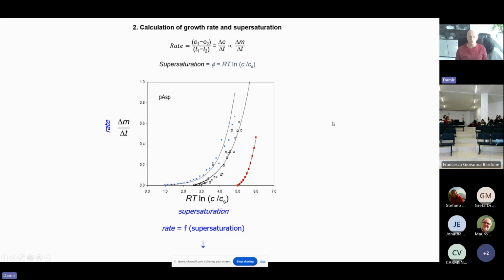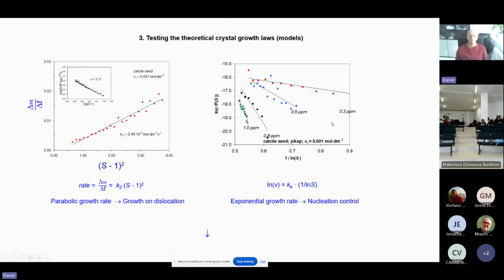From these curves, the final step is the testing of theoretical crystal growth law models. In this step, we correlate the growth rate with the respective model, and a straight line indicates that the mechanism is exactly what we assumed and tested.